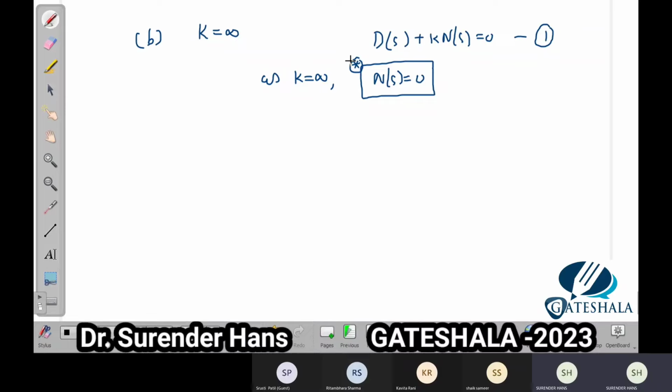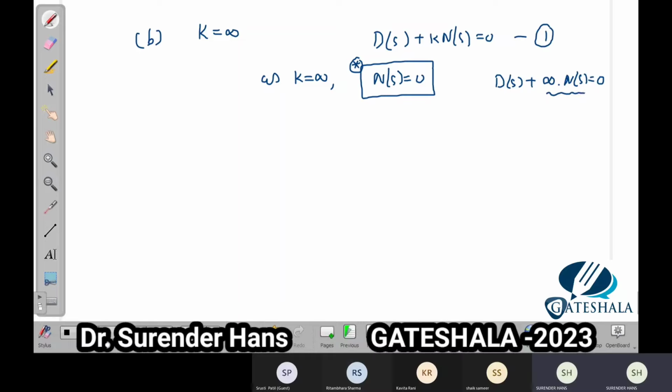Srishti, can you tell me please how this n(s) is equal to 0 comes after putting k is equal to infinity? That is because k is equal to n of s by d of s, which is infinity. If I put k as infinity, that is d(s) plus infinity into n(s) is equal to 0.